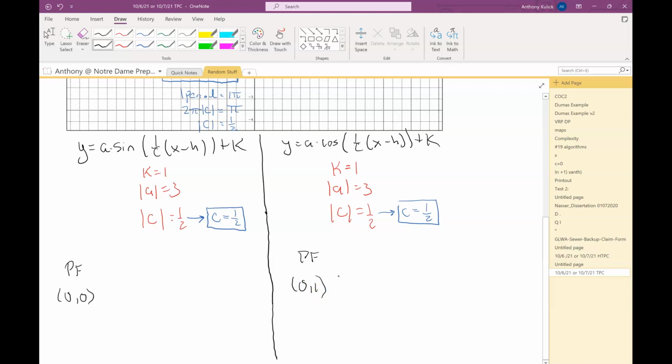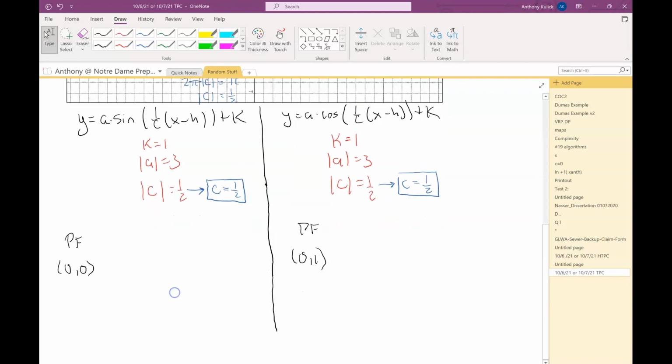For problems like this, those are always the points that I'll use for my parent functions. Now, if I went back and looked at my parent function, this point 0, 0 was a midline point. And on cosine, this point 0, 1 was a maximum.